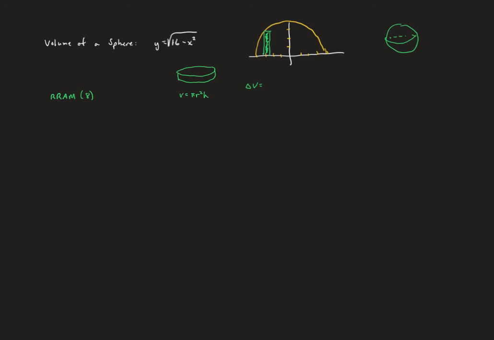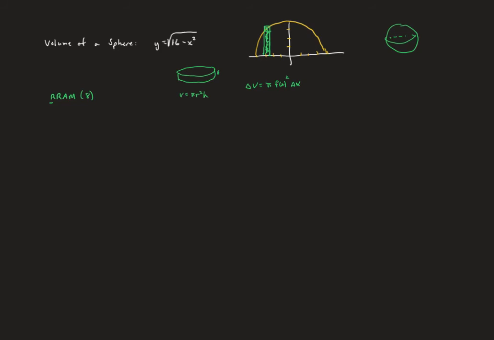We're going to use a right Riemann sum here, so we're going to put the right side of the rectangle on the curve itself. That's going to be our value of the function squared, and the height of that disk is going to be our delta x.